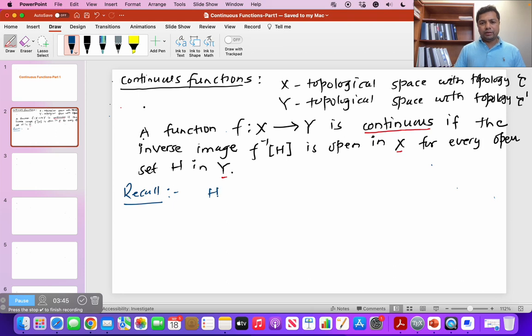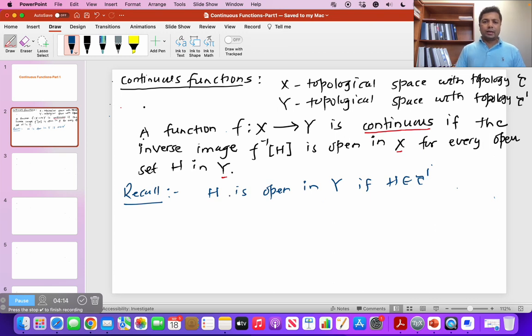Here H is open in Y if H is an element of the topology tau prime in Y. A subset H of the topological space Y is called open if H is an element of the topology tau prime.